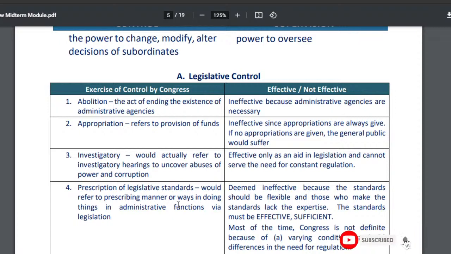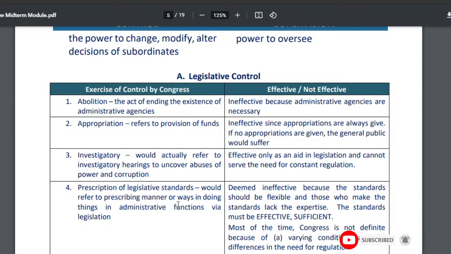You have to prescribe the manner or ways of doing things in administrative functions. So this is deemed ineffective because the standards should be flexible.